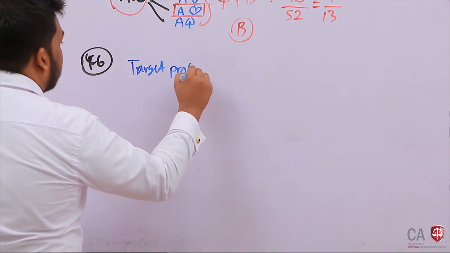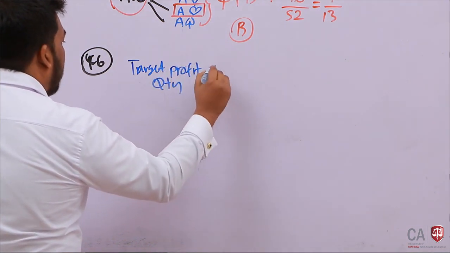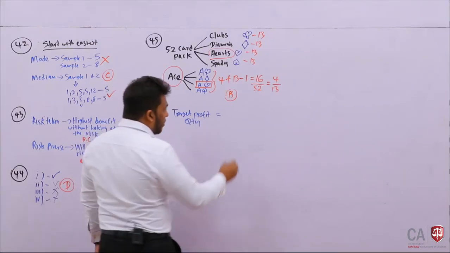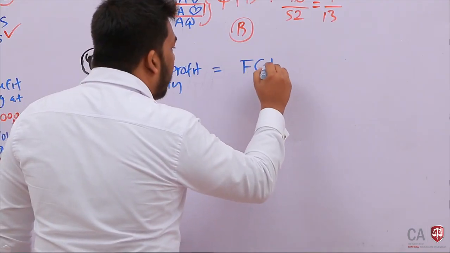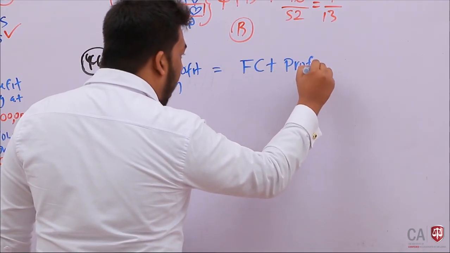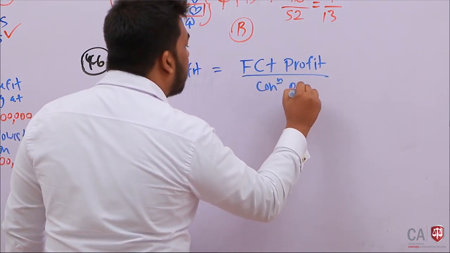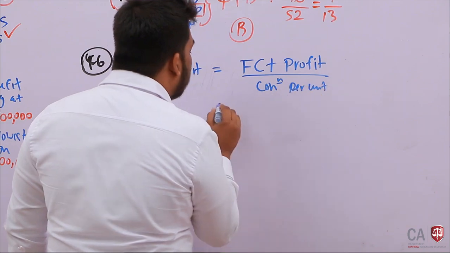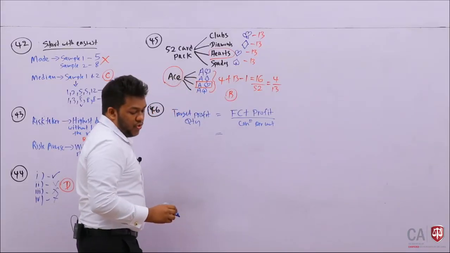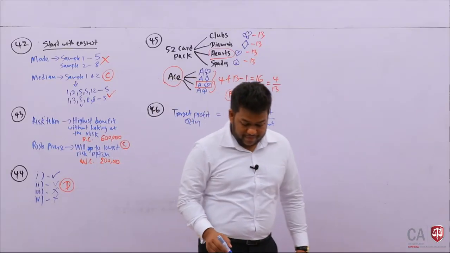Target profit quantity, how to get? Fixed cost plus the target profit divided by contribution per unit.